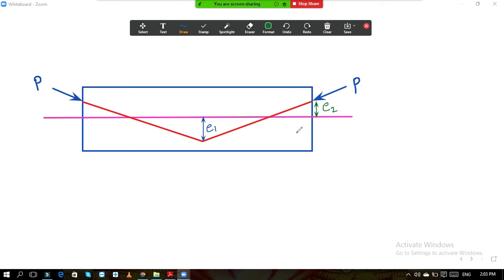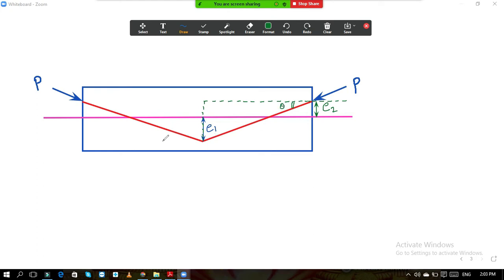Now if I want to calculate the angle theta, where will our angle theta be? See, it will be like this. I have to construct a line over here. Okay, this is the line, and then I will join this. So this angle with the horizontal is theta.